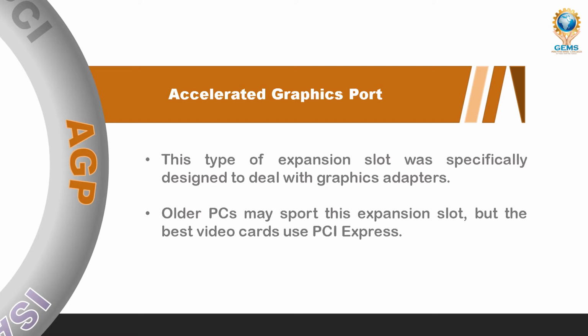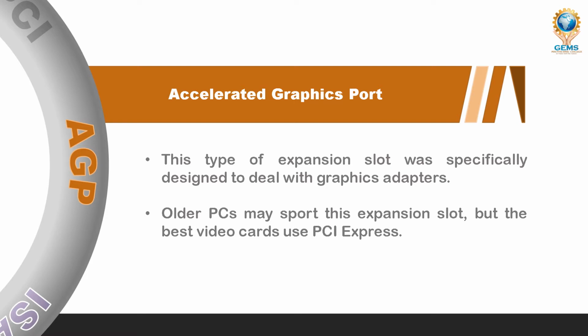AGP slots have official extensions like AGP Pro, which require extension cards that need more electrical power compared to normal expansion cards. So it has a longer slot with additional pins for that purpose, because it needs an additional power supply.